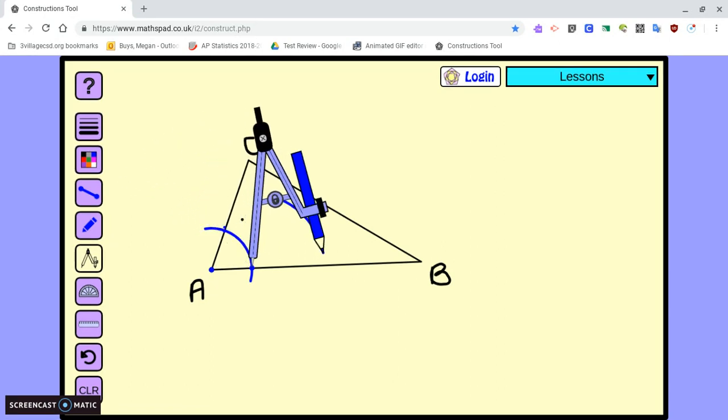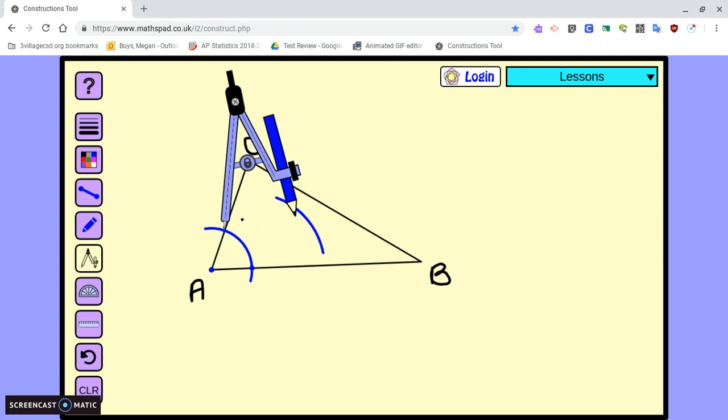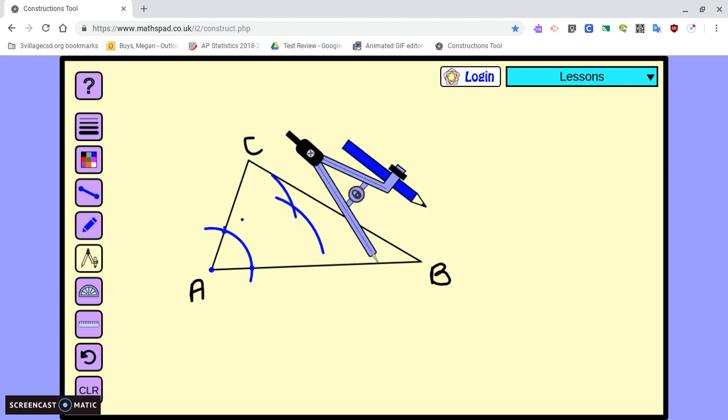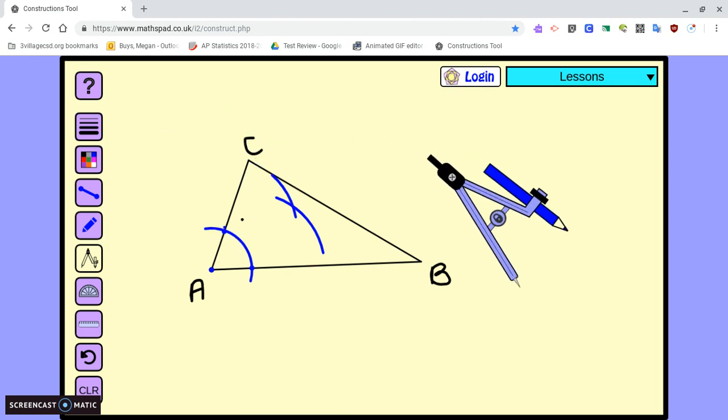But we're going to make an arc from each intersection now without changing that length. So we have one final step. We take our line from A through that intersection. That's the angle bisector of A.